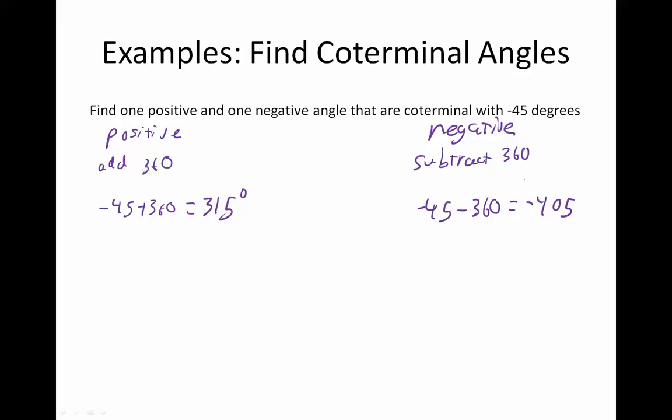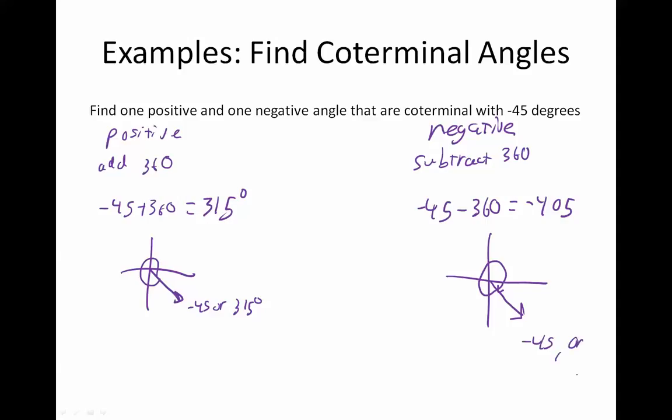So that is a negative coterminal angle. A negative 45-degree angle is about there. So if I rotated 360 degrees this way, I would get 315. And if I were to do the same thing to this negative 45, except this time go in the negative direction, I would get negative 405.